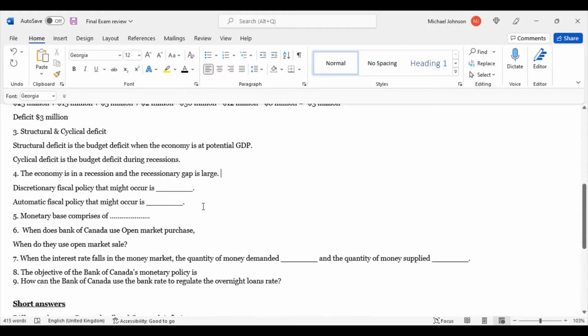The economy is in a recession and the recessionary gap is large. Discretionary fiscal policy that might occur is higher government spending and lower taxes. Automatic fiscal policy that might occur is reduced tax revenue.